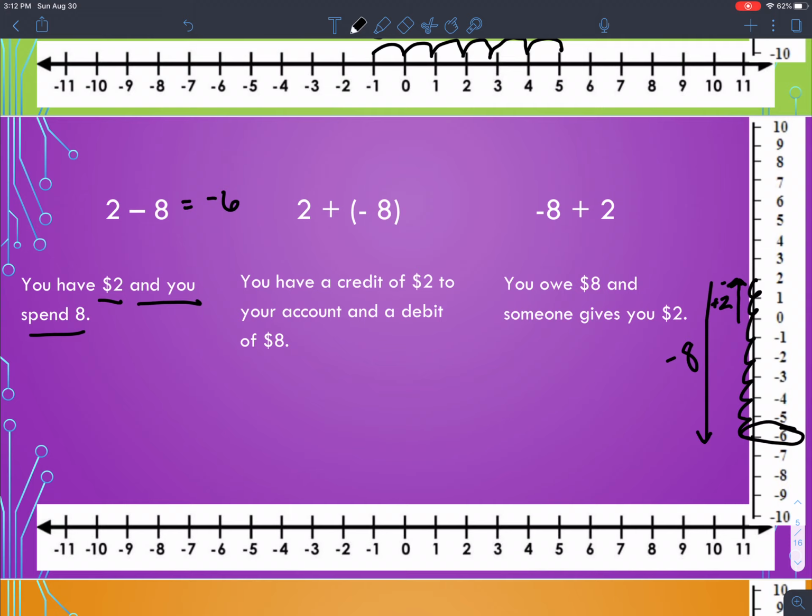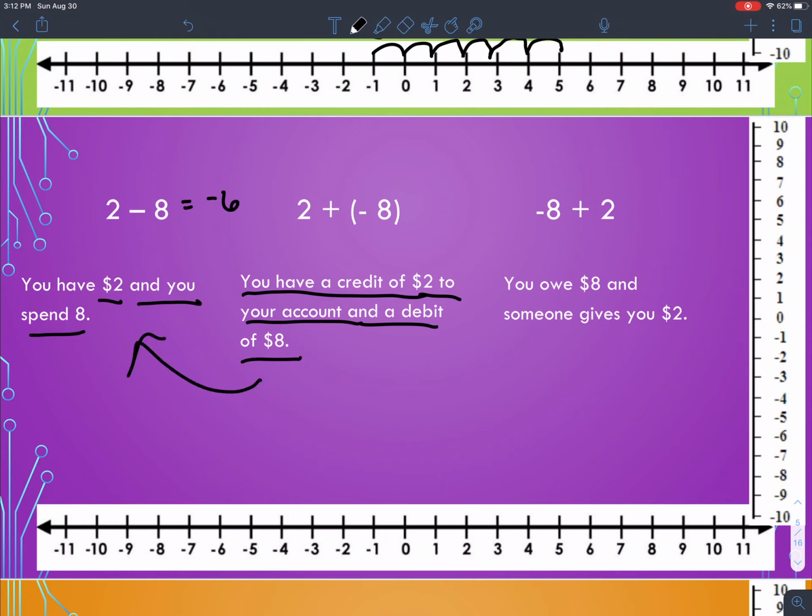Okay? Let's talk about that written a little bit differently. So let's say we have a credit of $2, which means we have $2 in our account, and also a debit of $8. That means we spent $8. So it basically means the same thing as our first example, but it's saying it in a little bit of a different way. We can, again, represent that on a number line.